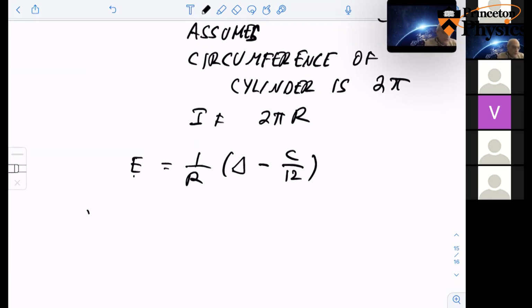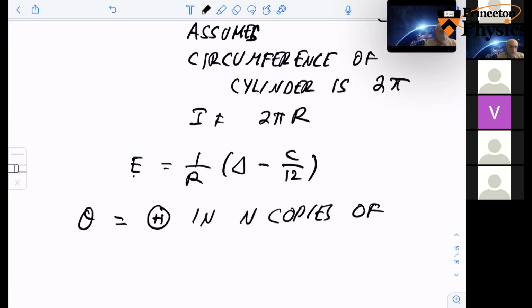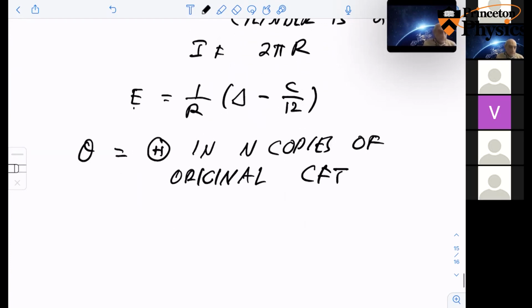Now let's look at the case where the operator is the twist field theta in n copies of the original CFT. We'll put the n copies on a circle of circumference 2 pi.